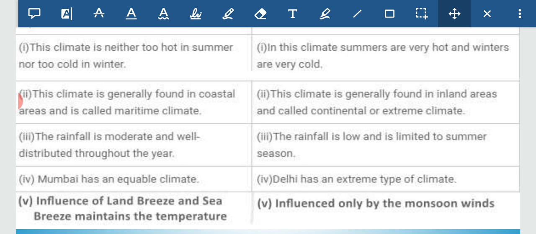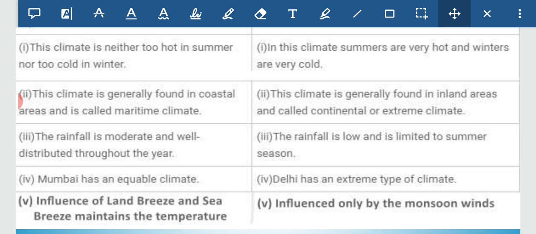Now the last point of difference, why there is an equable climate and why there is an extreme climate. Number one, the equable climate maintains the temperature by the influence of the two breezes, land breeze and sea breeze.